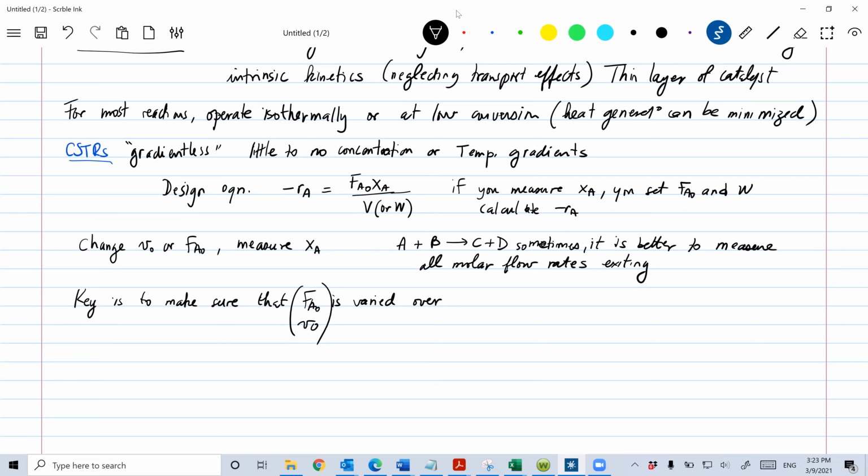If you do so, then you get quite a bit of data, as well as a wide range of temperatures.